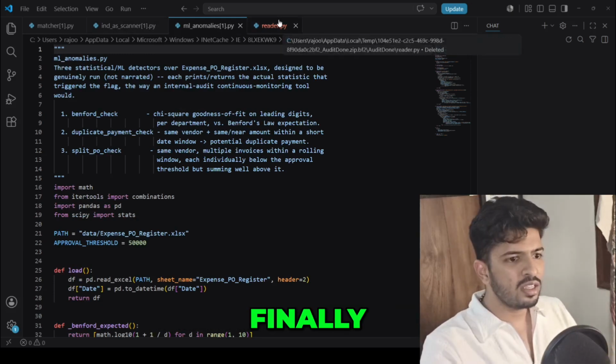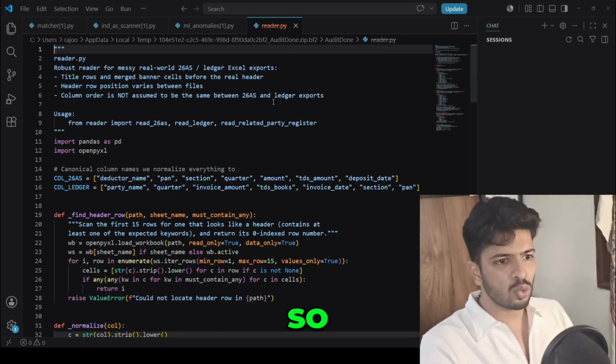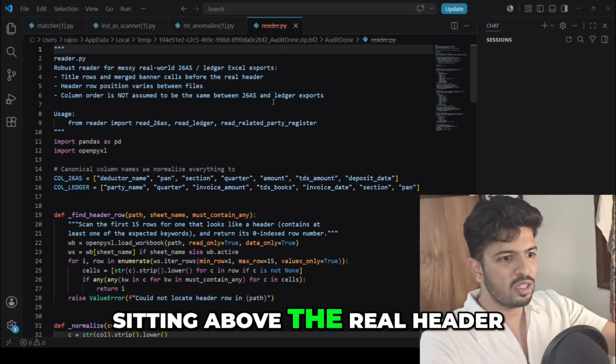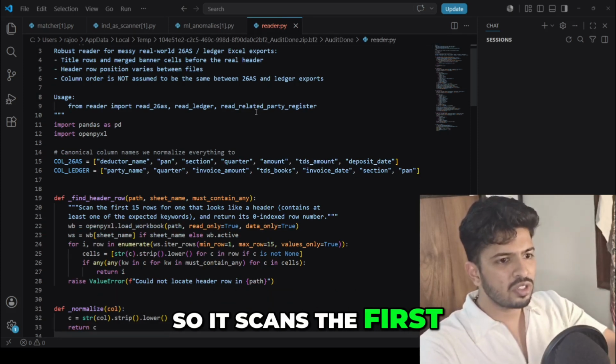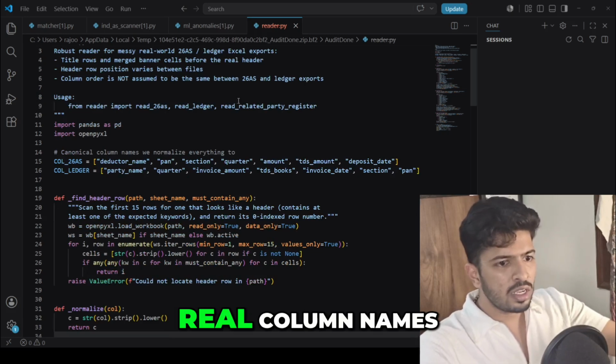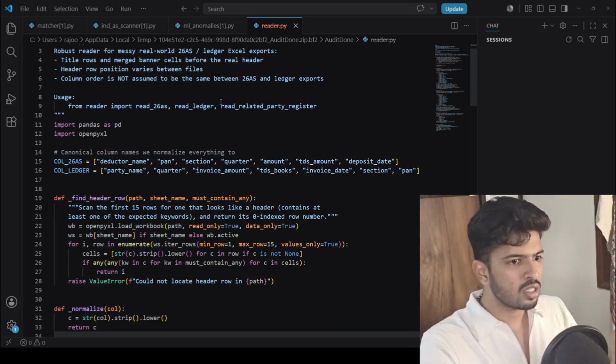Finally, this is what is actually running. This is the reader. It's basically Python. The 26AS and ledger exports come with garbage banner rows sitting above the real header, so it scans the first several rows looking for real column names. It doesn't care where the data actually starts.